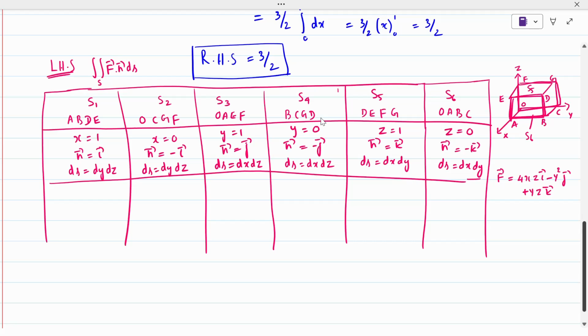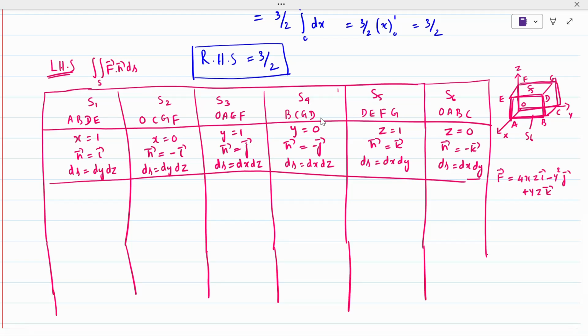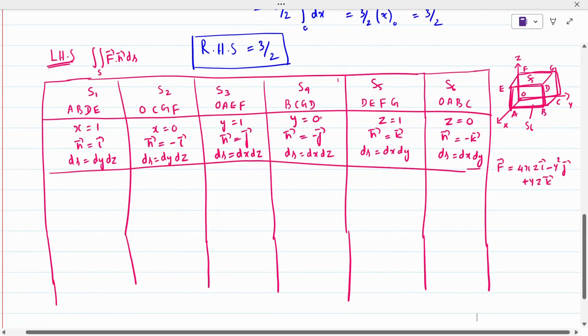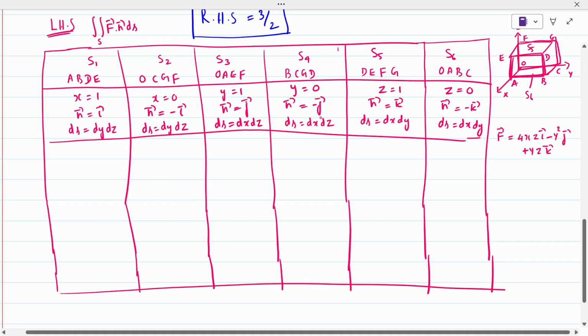So now I will use the same way, dx is 0.